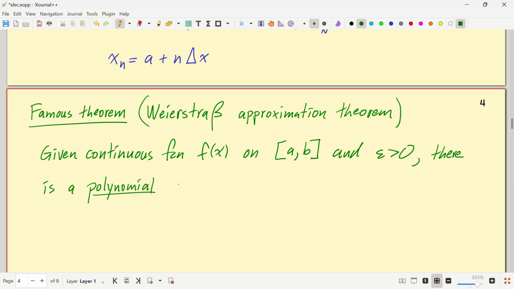That's the key word. It might have high degree, you never know how high the degree might need to be, but that polynomial is within epsilon of f on the whole interval.